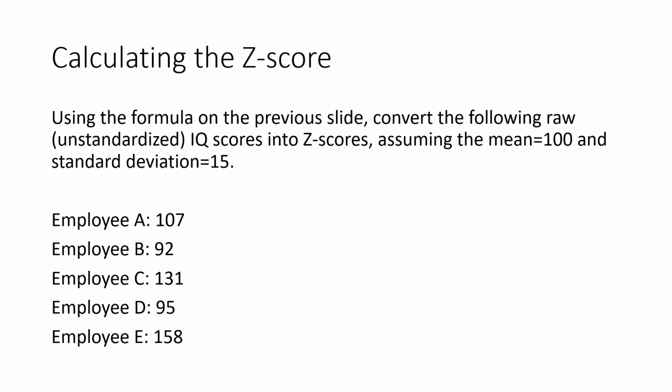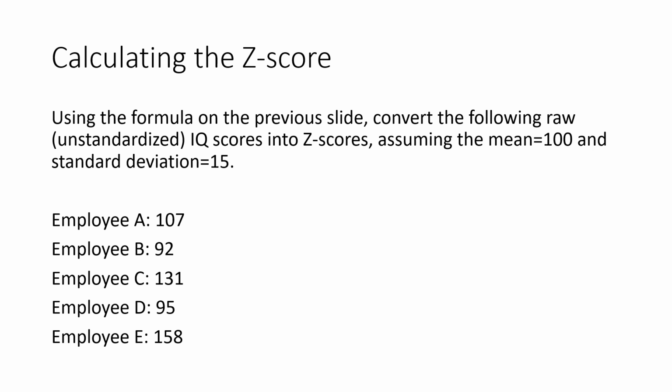And what I'd like you to do is to use the previous equation to convert these raw unstandardized scores into standardized z-scores. So in order to do this, we need 2 pieces of information. First, we have the mean, which is 100. That's a typical mean in IQ. And the standard deviation, which is 15. So I'd like you to pause it now, if you will, and try and calculate these. But if you're very restless, I can just walk you through these now.